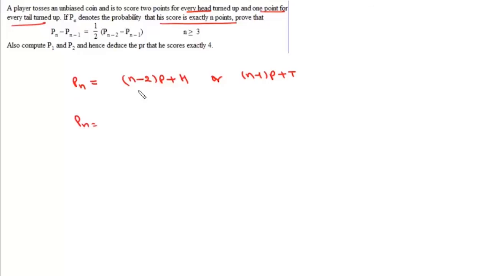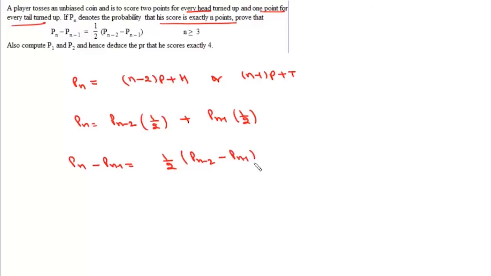Now n minus 2 points is given by P n minus 2, and probability of getting a heads is 1 by 2, and n minus 1 points is P n minus 1, and probability of getting a tails is simply 1 by 2. Now if we subtract Pn minus 1 from this, we can write Pn minus Pn minus 1 as simply 1 by 2 into Pn minus 2 minus Pn minus 1, which is what we need to prove in this question.